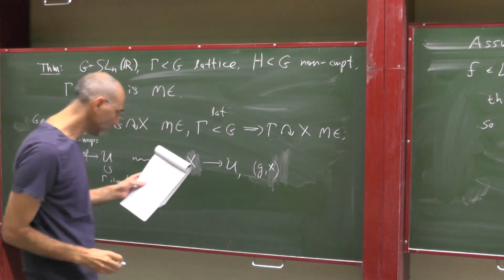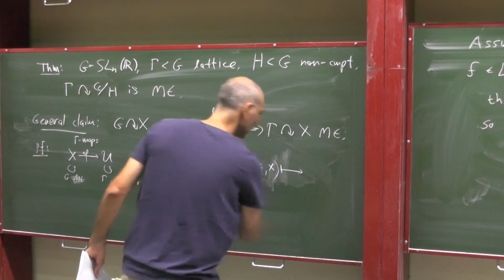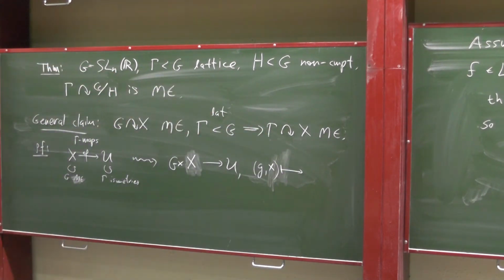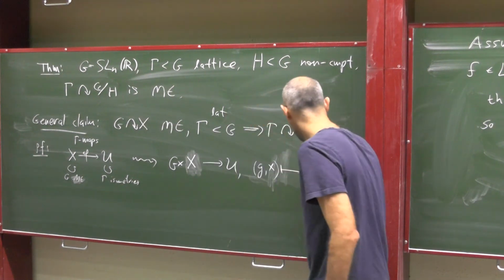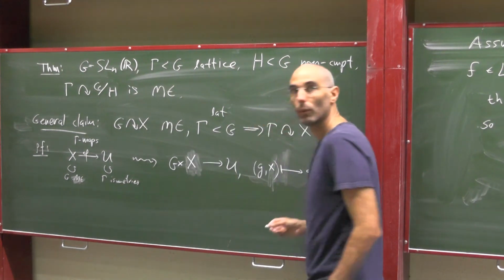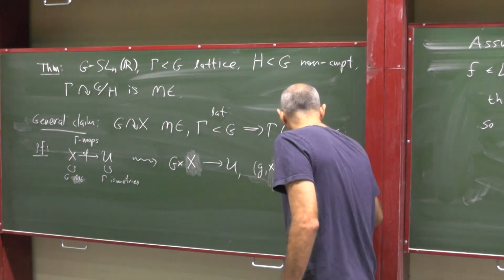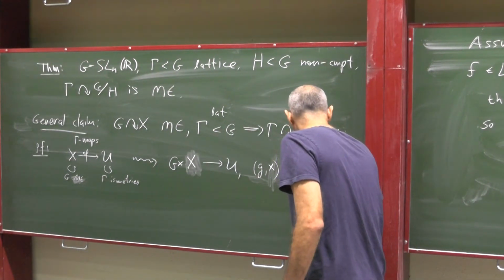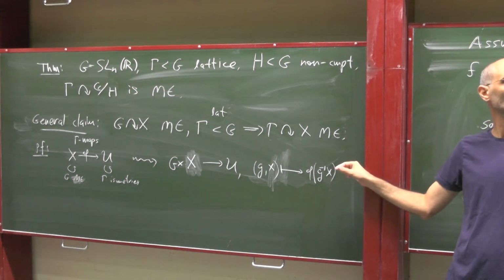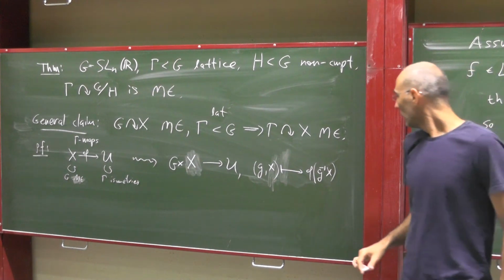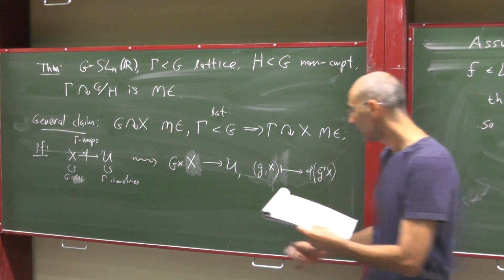Nothing bad will happen by that. So I need to send (g, x) to U, and not much I can do. There is no G action on U. I will act by g inverse here on x and apply phi. Can you see from that corner? Okay, so this is the new map I'm using.